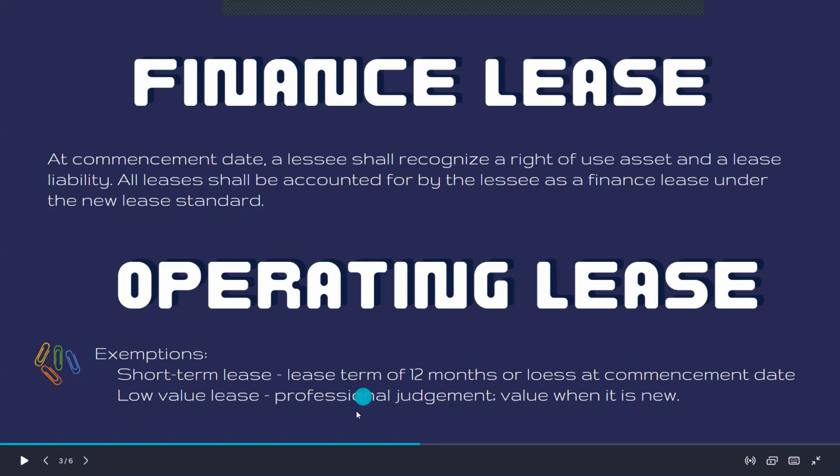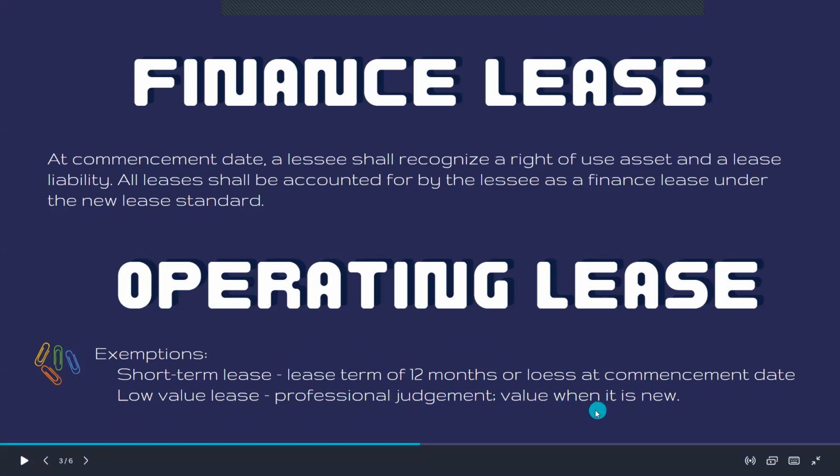So, si standard hindi siya nagbigay ng specific amount as to magkano ang value para masabing low value. It depends on your professional judgment para masabi mo kung low value. Pero according dito sa standard, ang mga example na kinapture niya for low value are machineries or pwedeng yung mga furnitures or kaya yung mga laptop na rinet, ganun. So, it depends on you if for you low value siya.